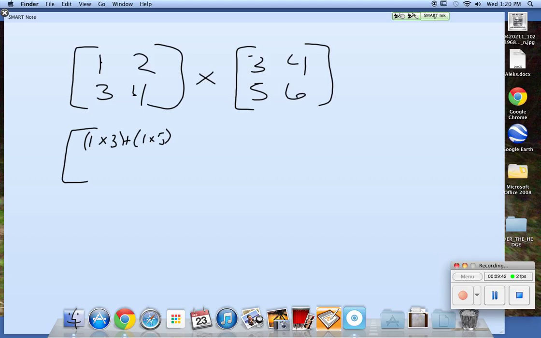All right. So then down here, for this one down here, it's going to be this column, this row. Okay. Time out. I just want to make sure that I'm doing this right. No, I'm right.